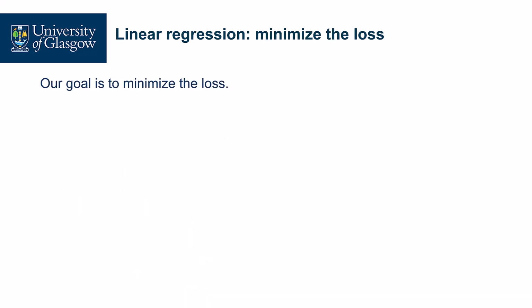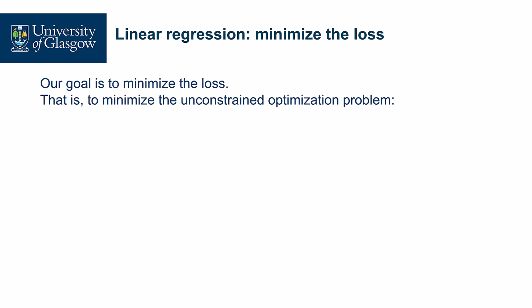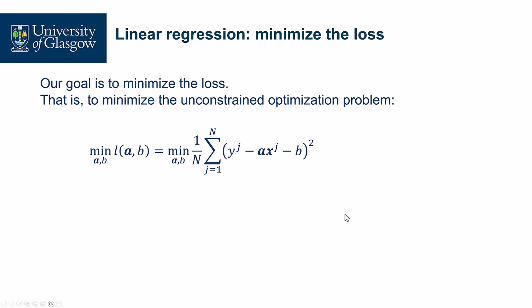Now we need to minimize this function, right? This function is an unconstrained optimization problem, and we can describe it as here. a and b are the decision variables to be optimized, and we want to find the optimal values of these.